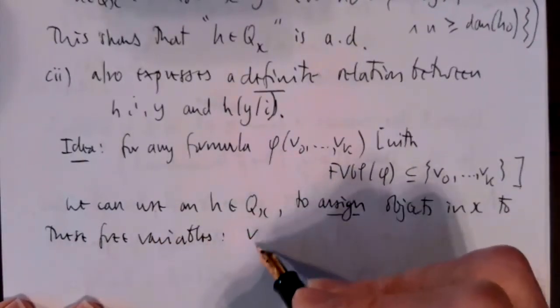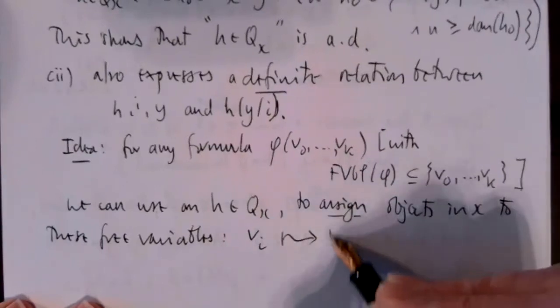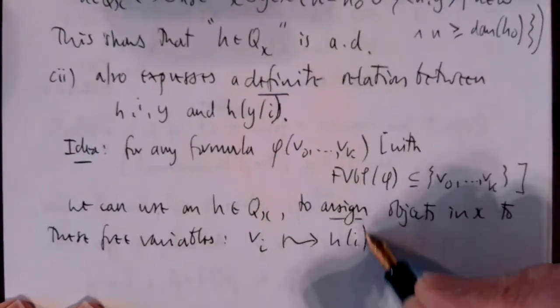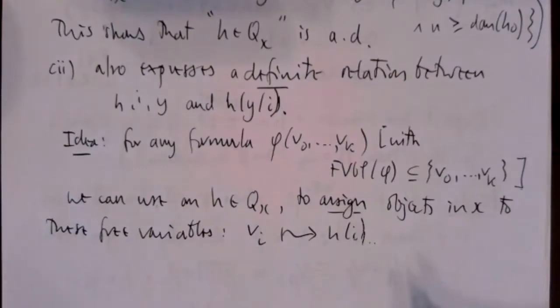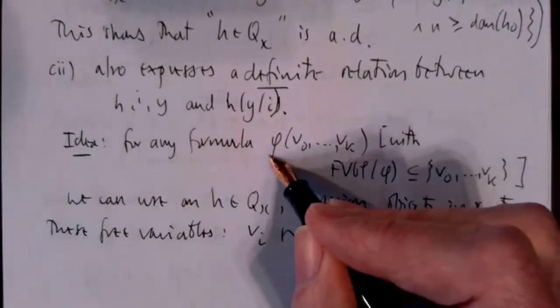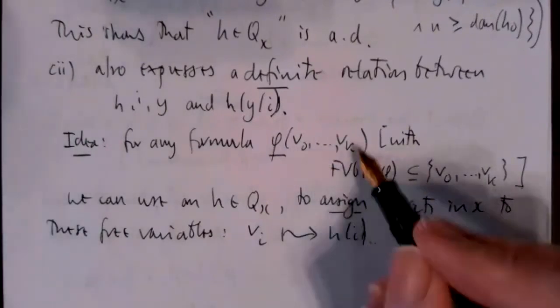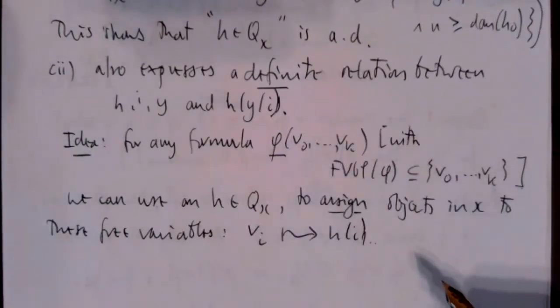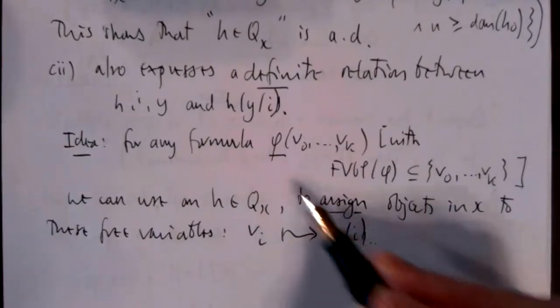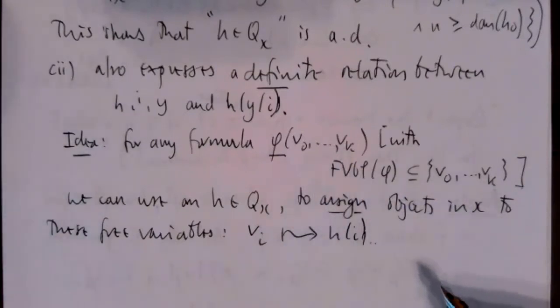So the idea is that vi is going to get assigned hi. Now, a formula is a finite string, or a little finite tree, as we saw how it was built up. It's only going to have finitely many free variables, certainly no more than there were atomics on the leaves of the tree.